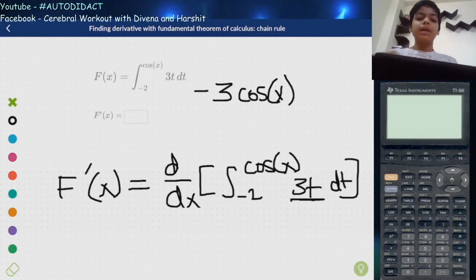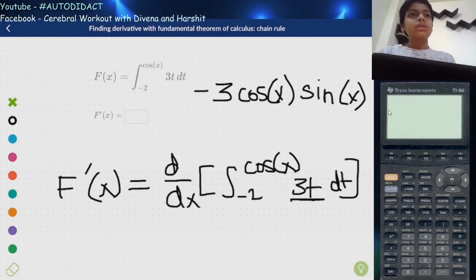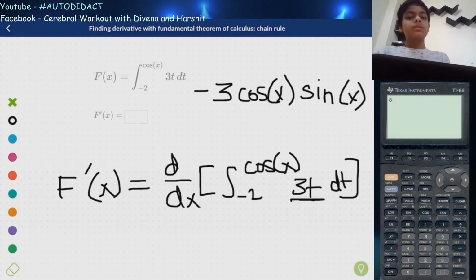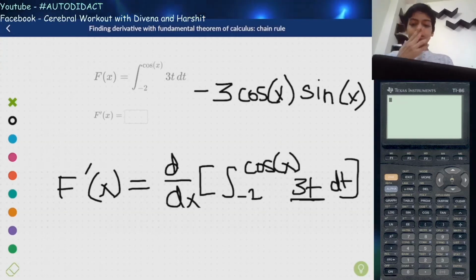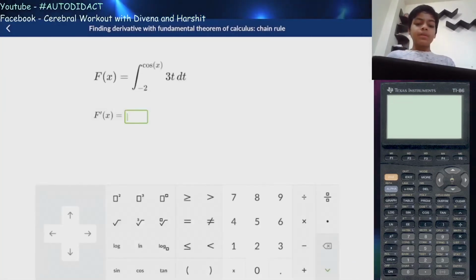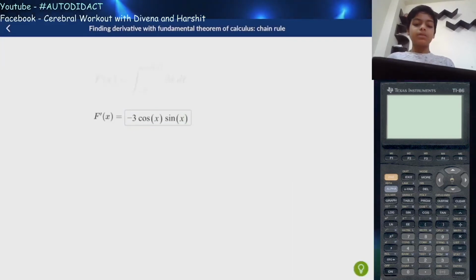So the answer is negative 3 times cosine of x times sine of x. Let's check our answer. Correct.